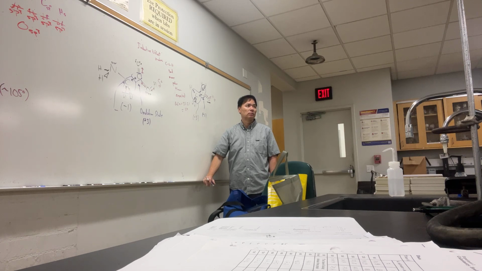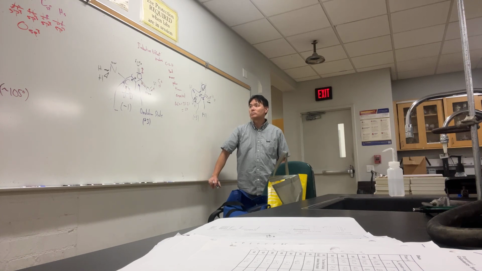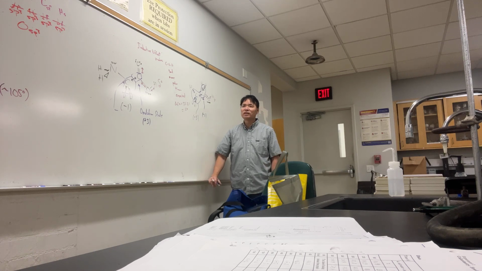What if carbon was instead +4? Would it be more stable that way? If carbon was +4, would it be more stable? It depends on what you react it with and what you're comparing it with.